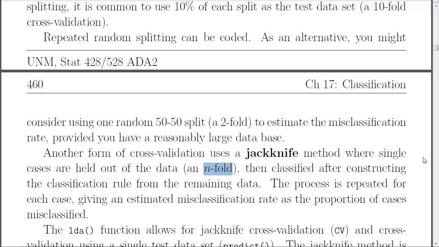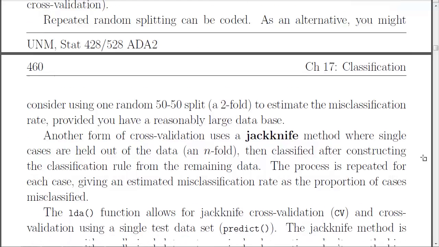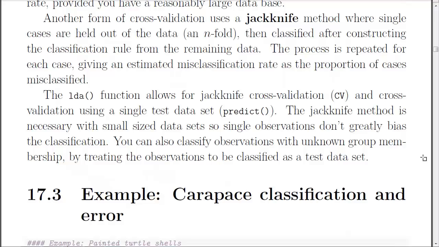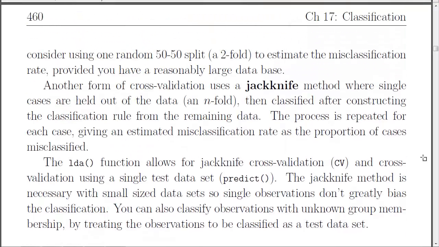For some classifiers, this can be really computationally intensive, because if you have a large data set of like 1,000 or 2,000 observations, that's 2,000 times that you're fitting the same classifier. And if fitting the classifier is computationally expensive, that can be painful.